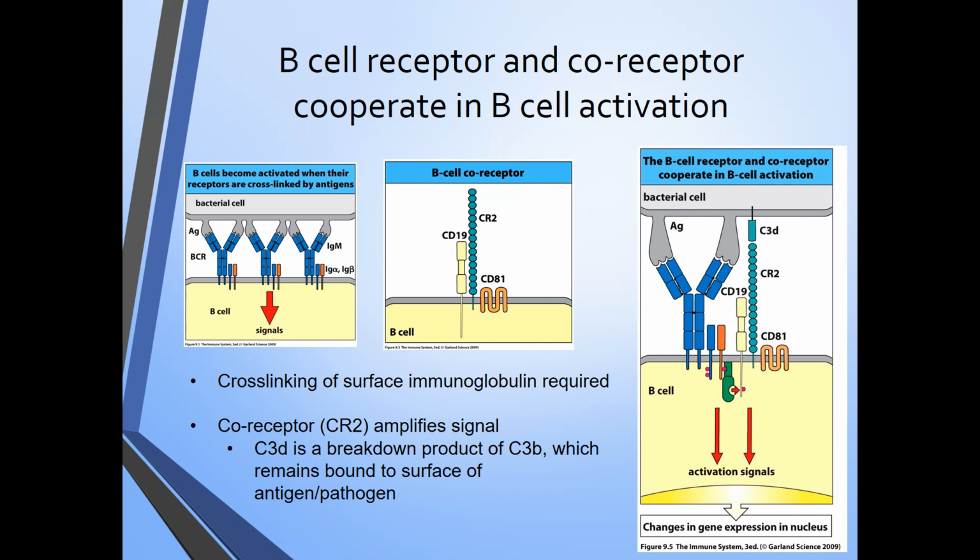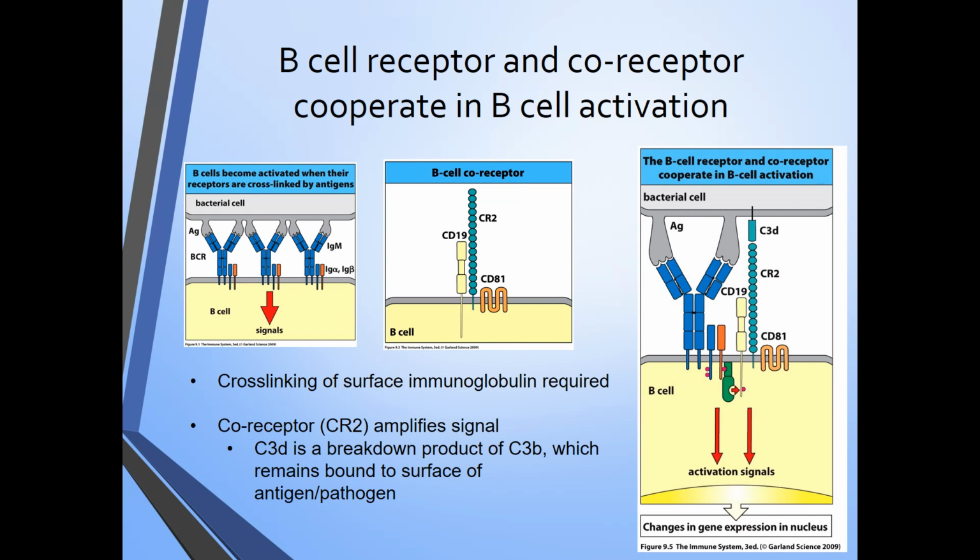Now there's a co-receptor that is also involved. It amplifies that signal, and that co-receptor is CR2, and it is able to recognize C3d. And C3d is a breakdown product of C3b that remains bound to the surface of an antigen, a pathogen.